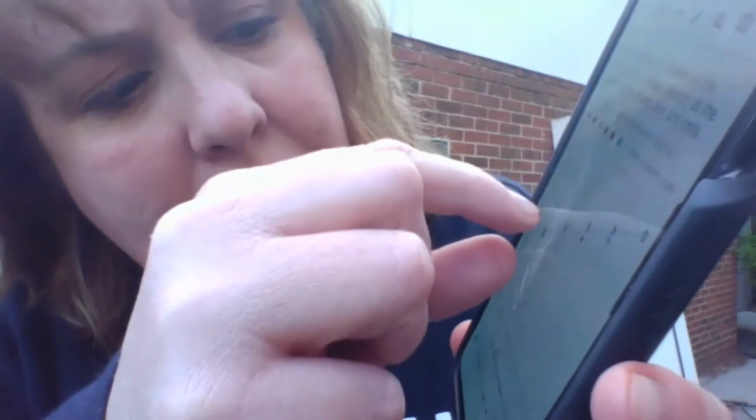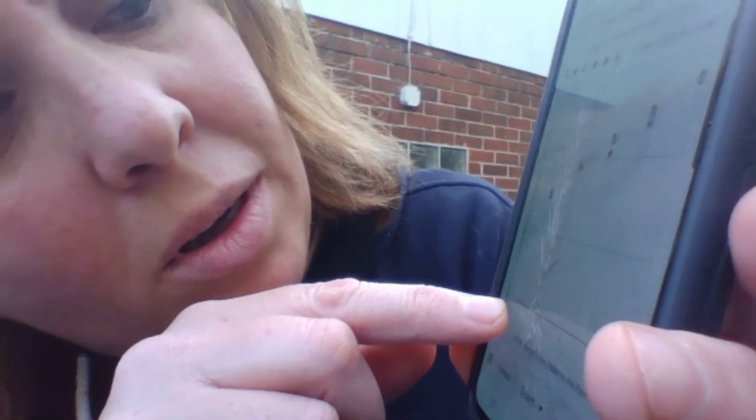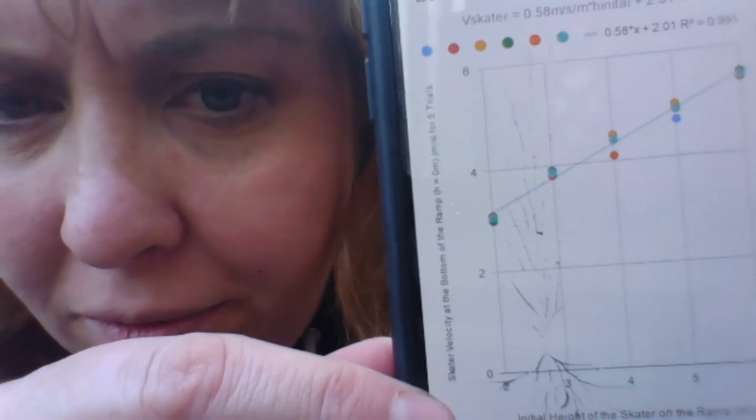that here on the y-axis, it says the skater velocity. Right, so skater velocity at the bottom of the ramp in meters per second. Right, skater velocity at the bottom of the ramp.